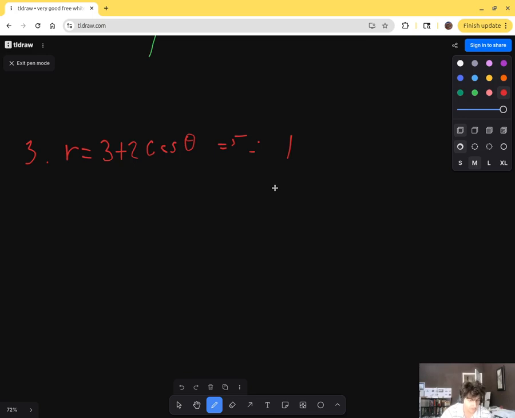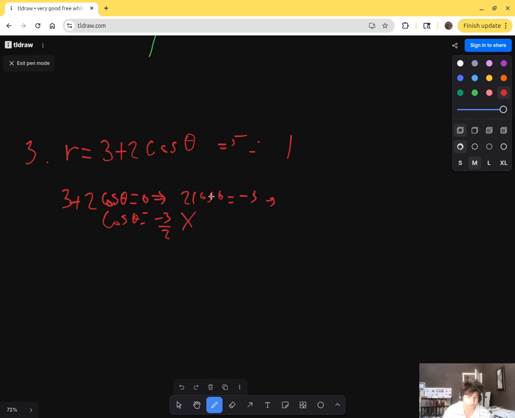So now let's solve for 0, see if it touches the origin. 3 plus 2 cosine of theta equals 0. Cosine of theta cannot be less than negative 1 or greater than 1, so there's no solution for that.